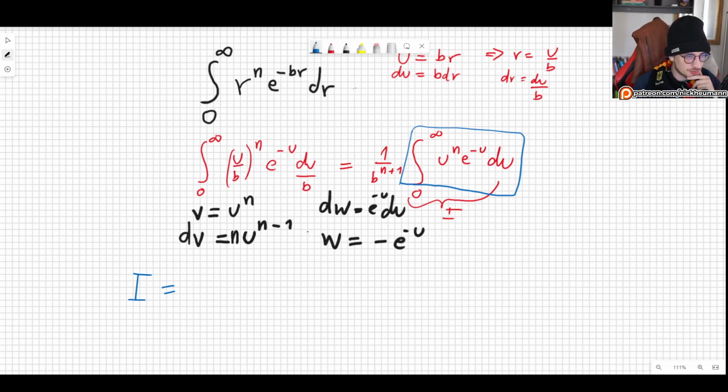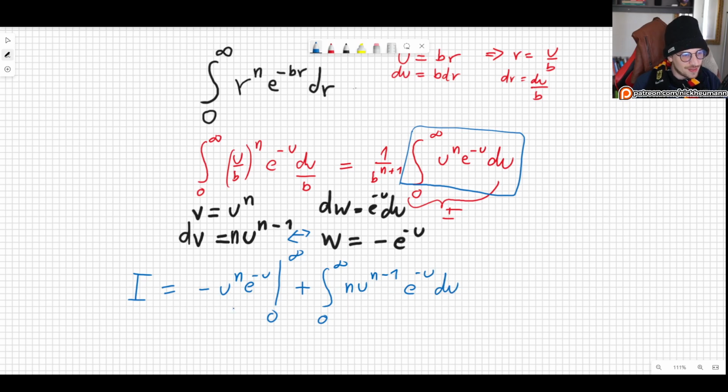So the integral here is going to be first u to the n times this, so minus u to the n e to the minus u, evaluated between 0 and infinity, minus the product of these two integrated. So that means integral from 0 to infinity of n u to the n minus 1. And now there's another minus sign, so this becomes plus, and e to the minus u du.